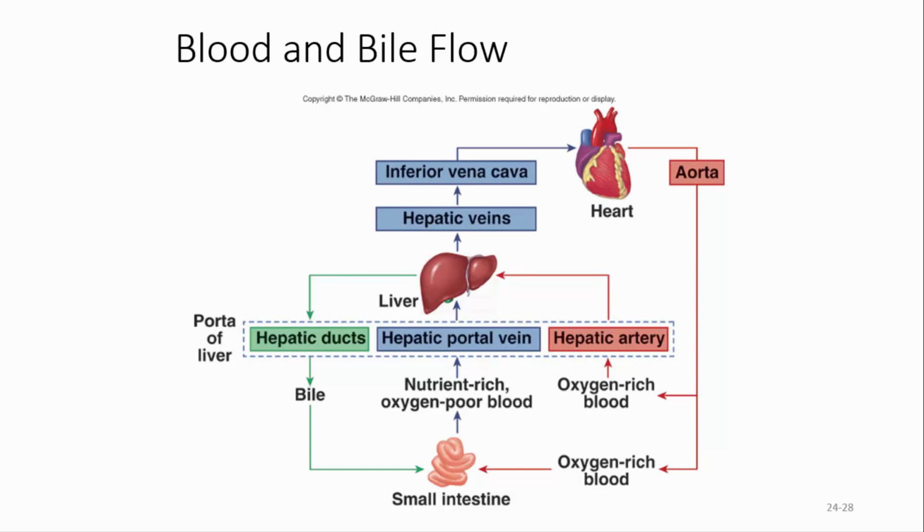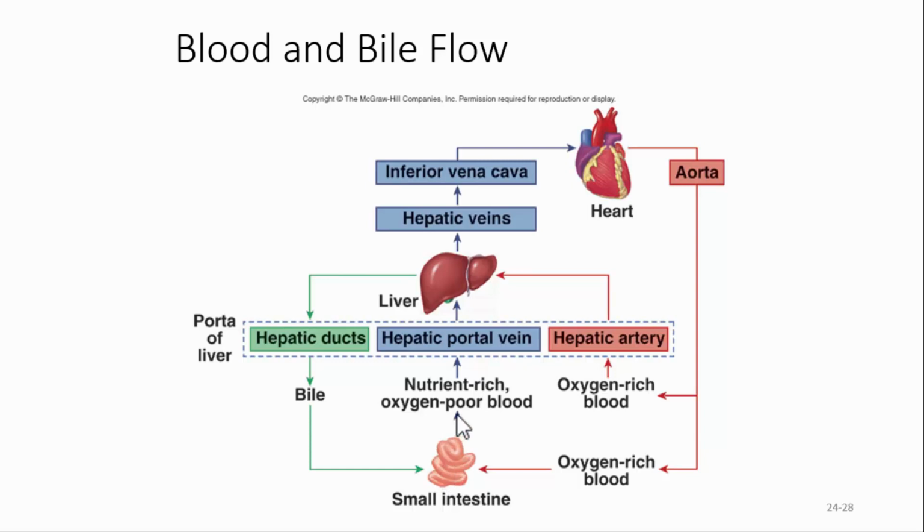And this just shows the blood and bile flow. And so we have blood coming from the aorta. We have oxygen-rich blood going to the liver via the hepatic artery, and oxygen-rich blood going to the small intestine. Okay.